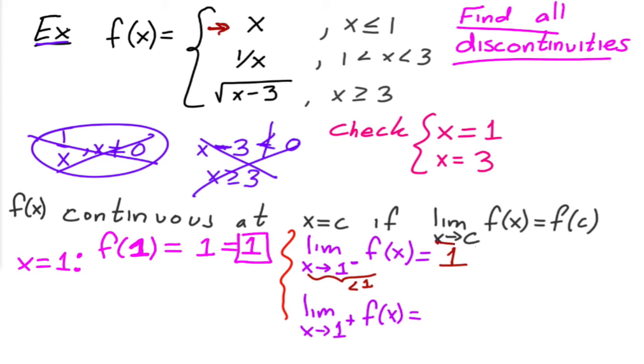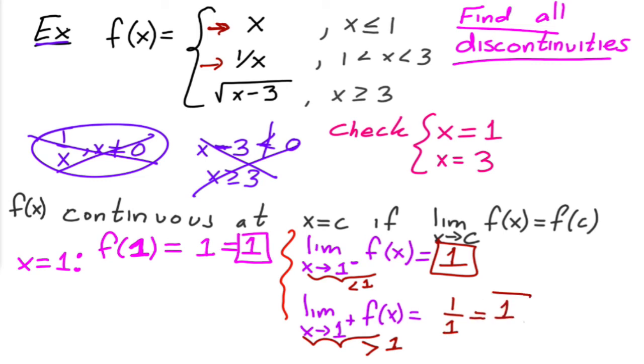So basically you're trying to figure out which one to use. Now for this one, if you're coming from the right, approaching 1 from the right, that means the x values are greater than 1. So which function is defined for values close to 1 but greater than 1? Well, that would have to be this one because it's defined between 1 and 3. So then I would plug 1 into 1 over x, and this would give me 1.